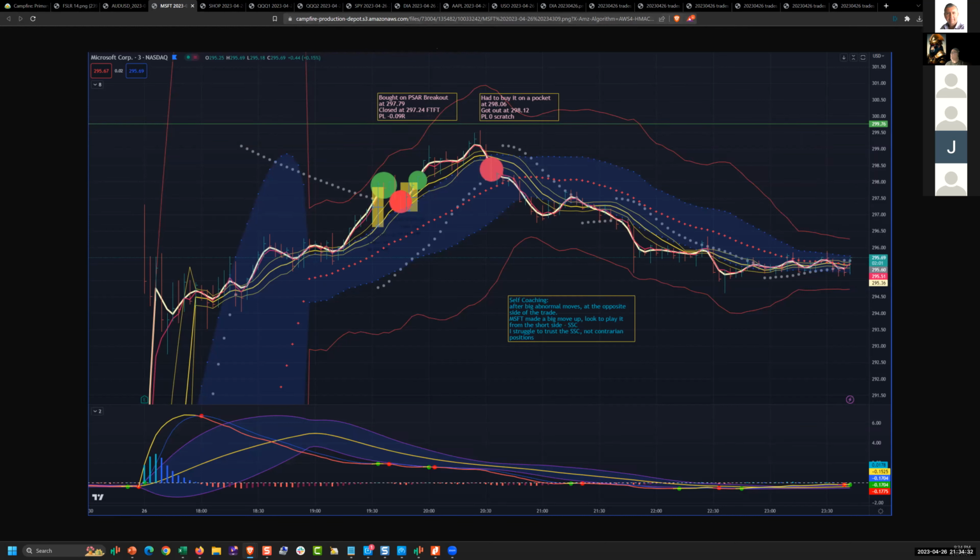What I need you to do is make these circles smaller so I can see with more precision where the entries and exits are. That's a PSAR flip. Now, to be honest, your indicated stop would typically be at the bottom of the dragon.